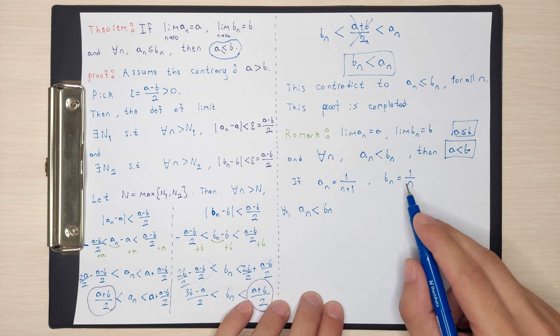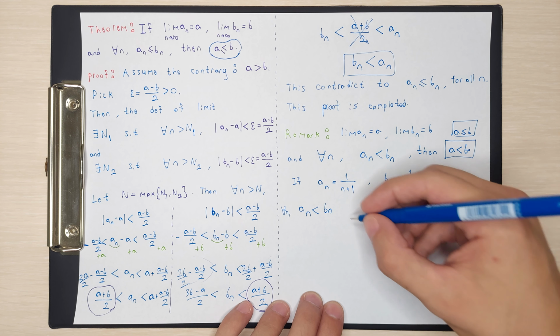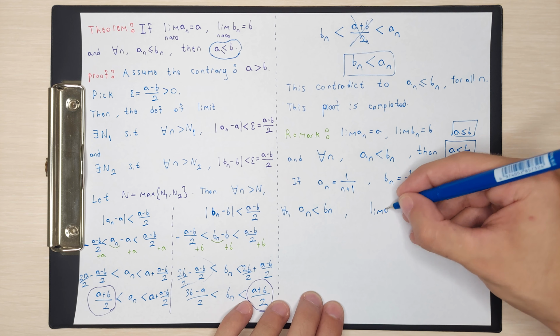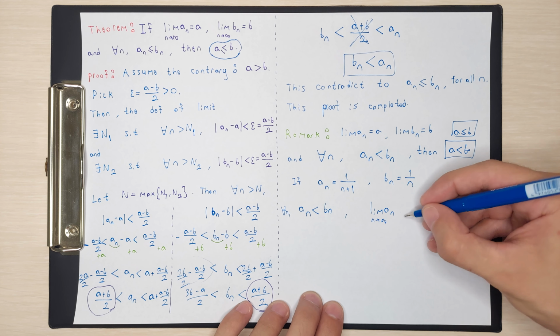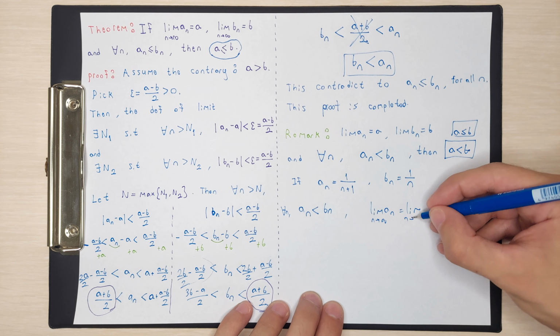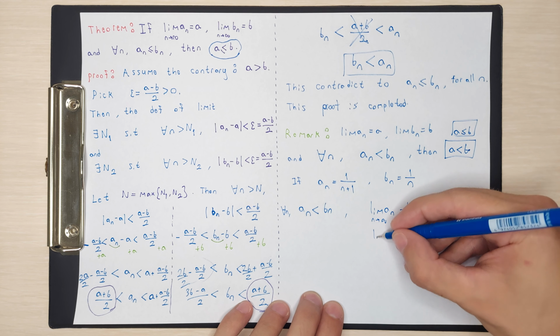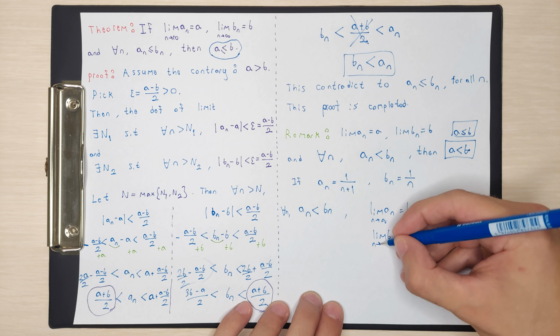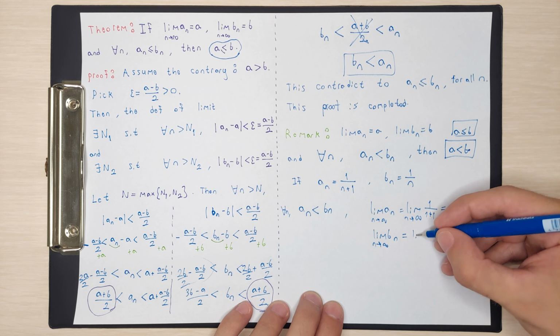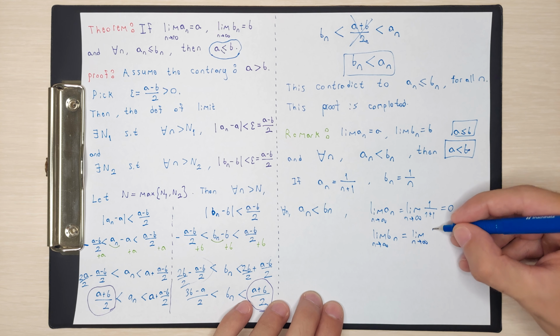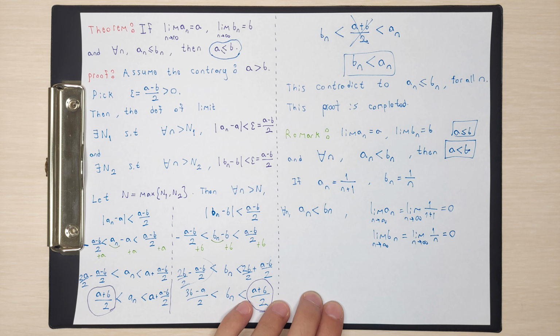Always an will be less than bn. But when you consider the limit of an, what is it? It is 0, right? 1 over n plus 1 tends to 0. The limit of bn when n tends to infinity, 1 over n will be 0 again.